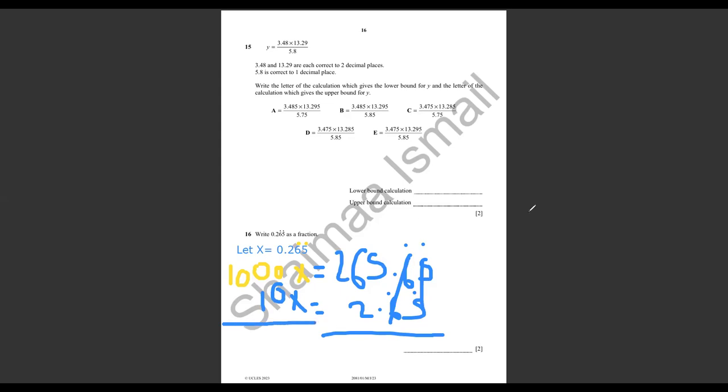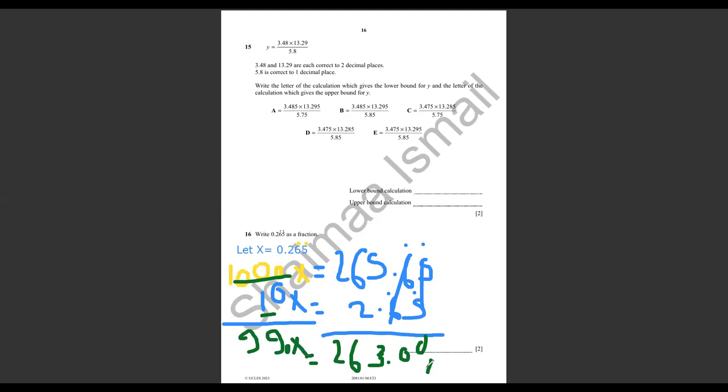If you subtract, 1000x minus 10x here, we have a solution of 265 minus 2, which equals 263, which is equal to 1000 minus 10, equal to 990x.